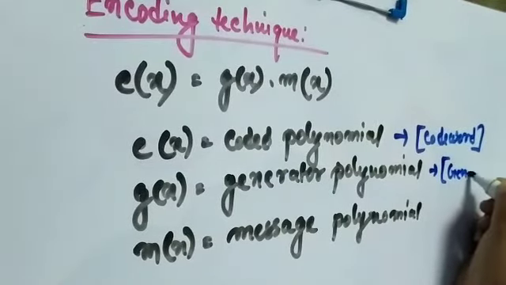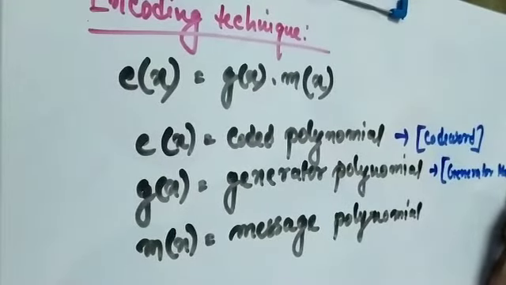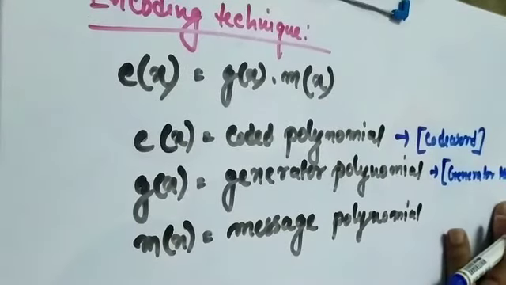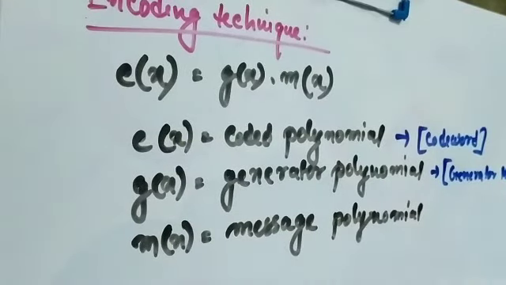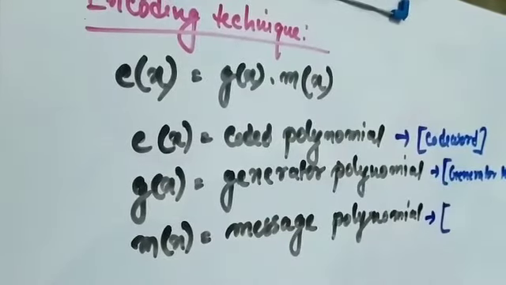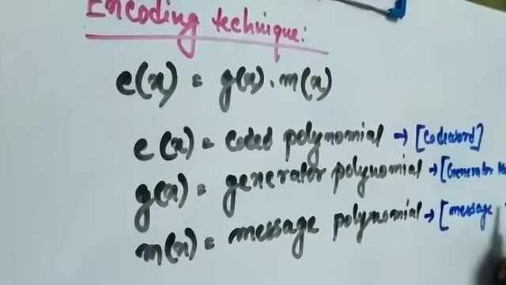A generator matrix is a different thing. In the latter section of your syllabus, you will know what a generator matrix is. Just you should know the term generator matrix. So from this, the generator polynomial will be created. And message polynomial is the message bit when converted in polynomial form.